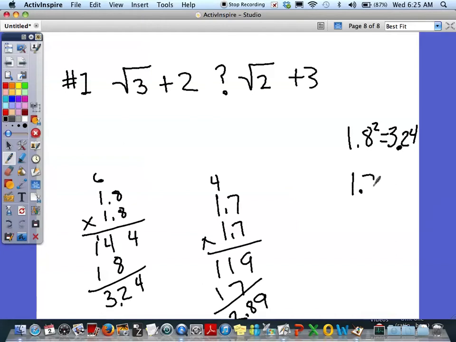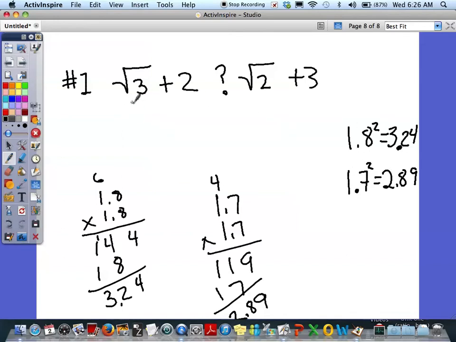So 1.7 squared equals, oh, I'm getting sloppy. Sorry, let me fix this. My pen is giving me challenges today. So 1.7 squared is 2.89. Okay, so then we know that the square root of 3 falls approximately between 1.7 and 1.8.